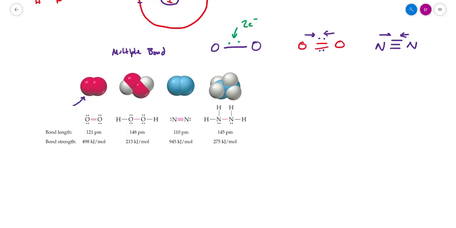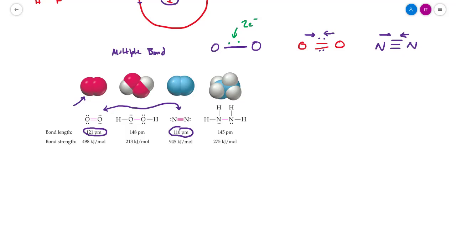That's reflected here. The bond length of oxygen gas, the stuff you breathe, is 121 picometers, but nitrogen is 110, just based on the fact that these are a double versus triple bond. And that inverse relationship between bond length and strength holds true here as well.